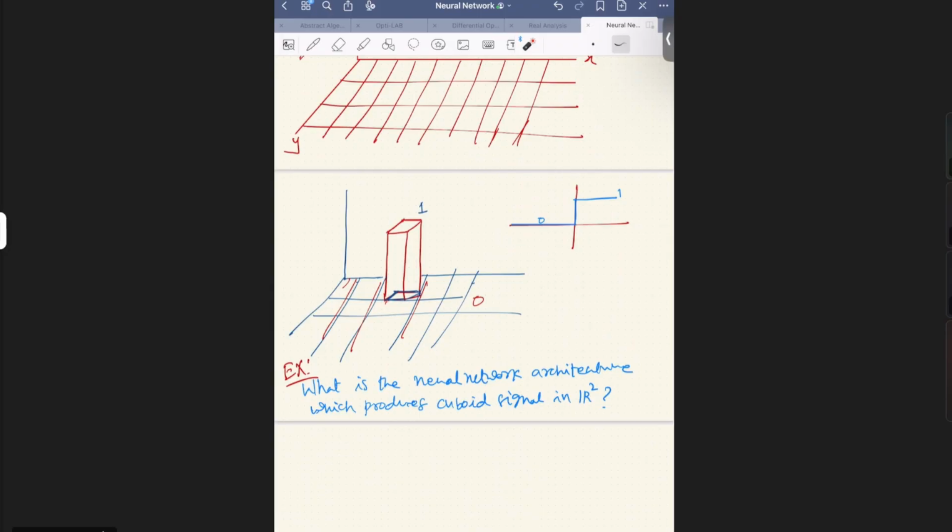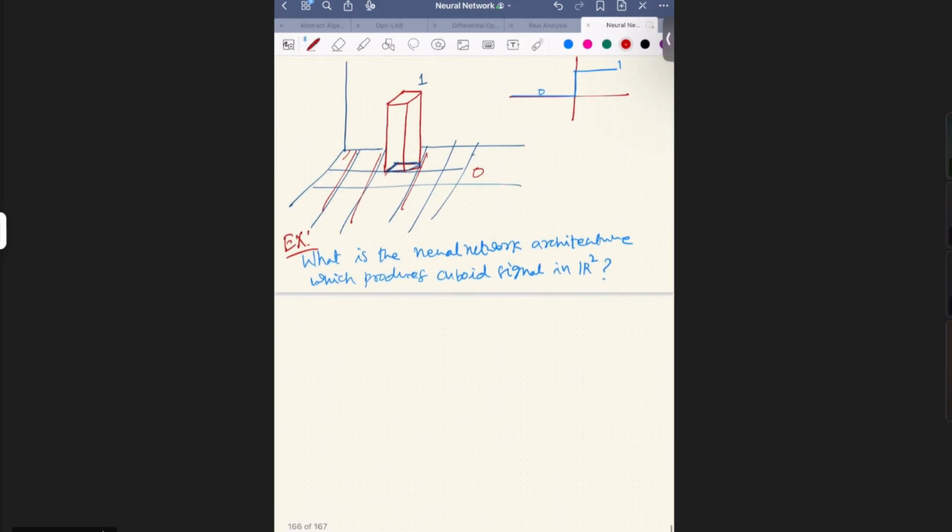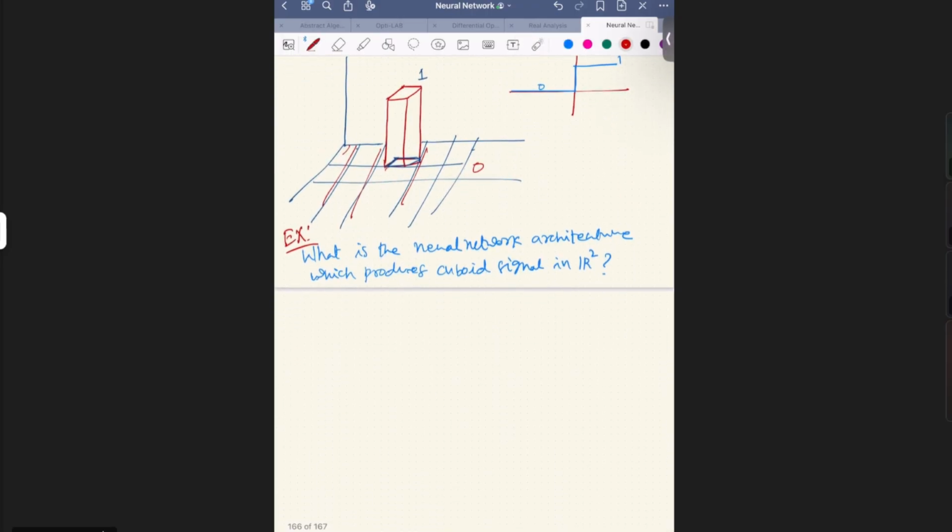Now what I ask you, my exercise for you to feel, is this: take several functions f from R to R, as well as f of x, y from R2 to R, and take several activation functions, one with the Heaviside function, another with sigmoid, another with ReLU.